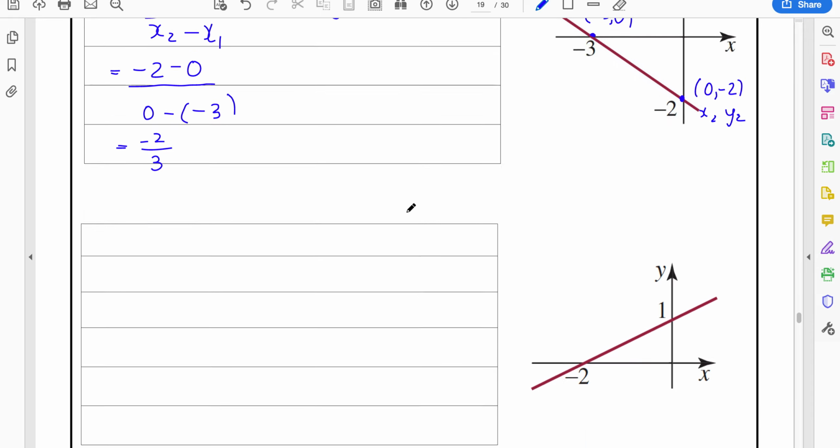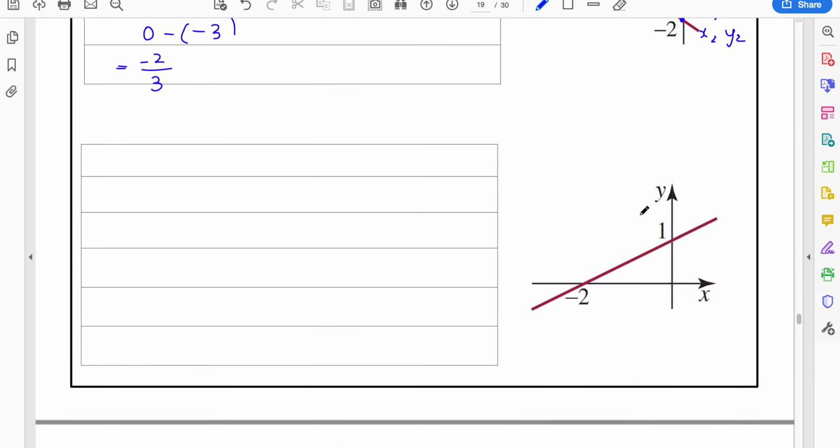And finally, if you're doing something similar to this, again, 0, 1 is this coordinate. This one over here is negative 2, 0. So I'll just go x1, y1, x2, y2. Our y-intercept, as you can see, is 1.